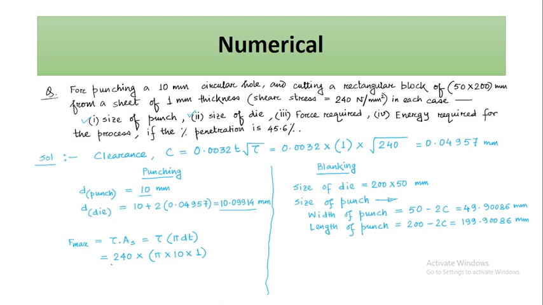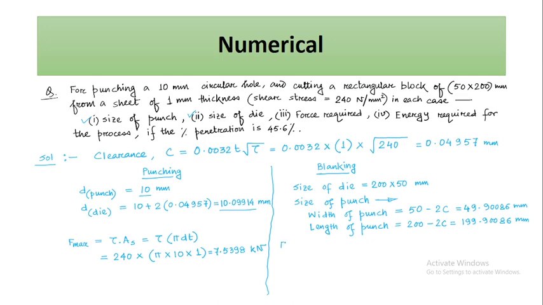If we multiply it, we will get 7.5398 kilonewton. Actually the value we get is in Newton, so if I divide it by 1000, we get it in kilonewton. So this is the maximum force required for the shearing action.